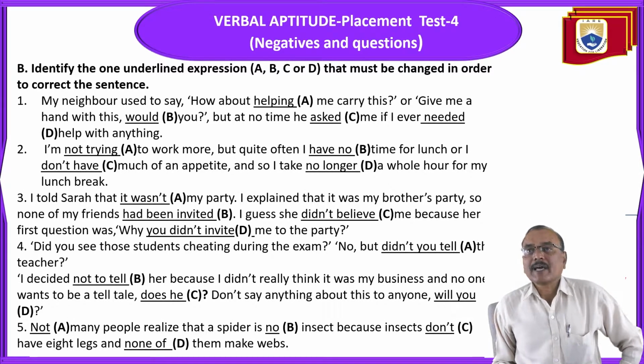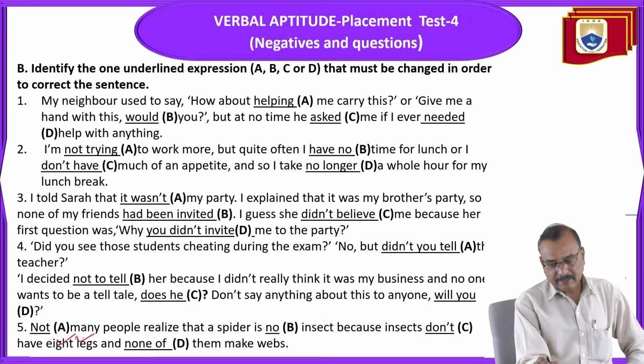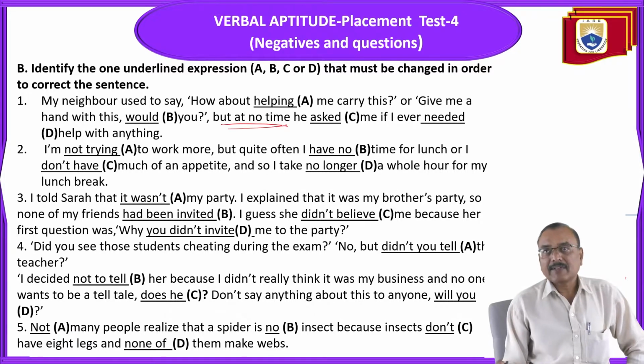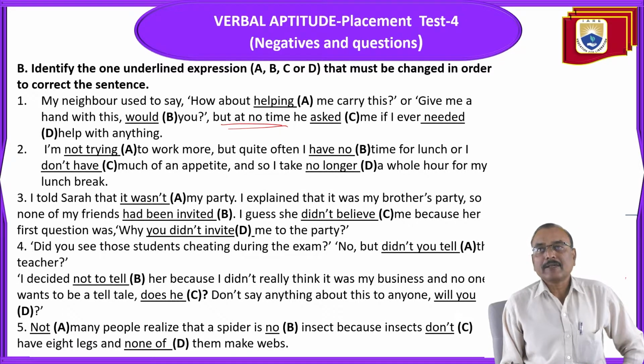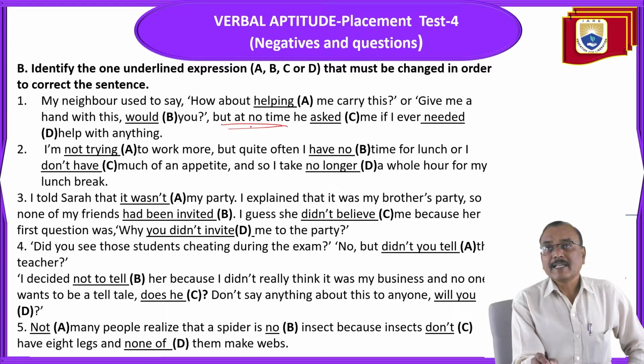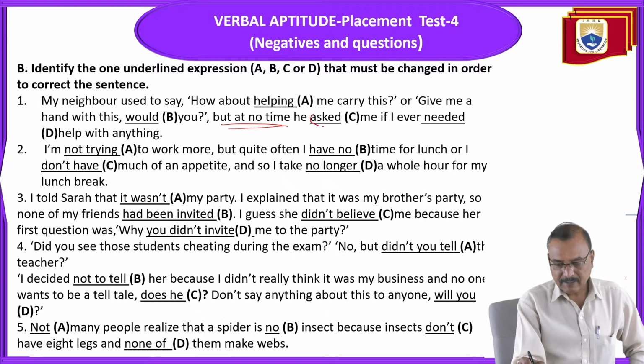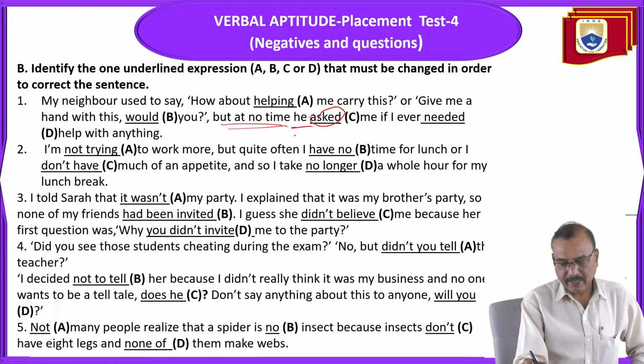So here, when the sentence begins like this, but at no time he asked is wrong. This expression is wrong. When it begins with a negative part before the subject, this should be rewritten like this one: no time did he ask me.